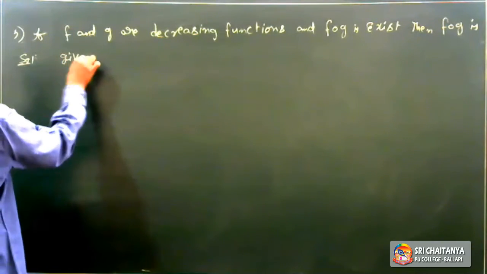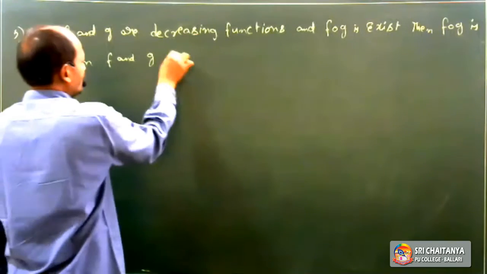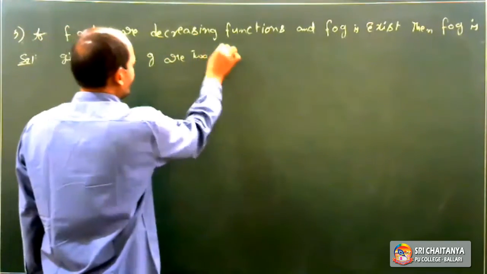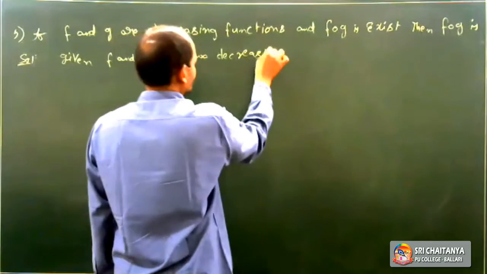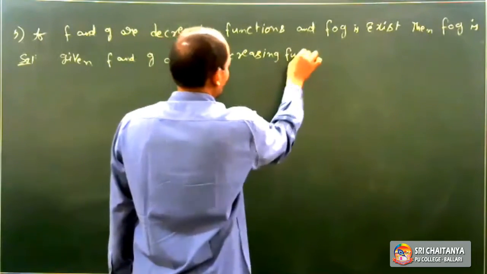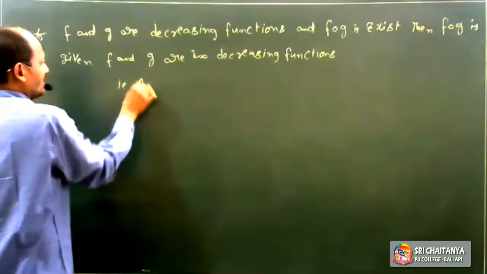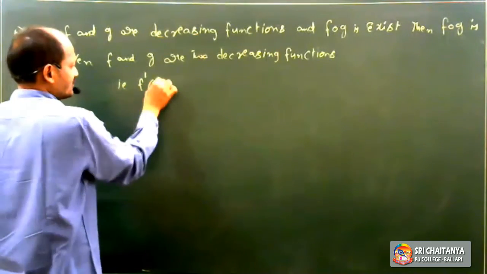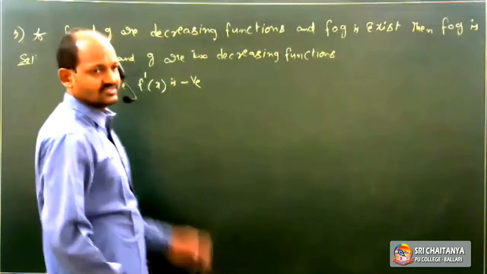Given f and g are two decreasing functions, that is, f dash of x is negative, less than 0.